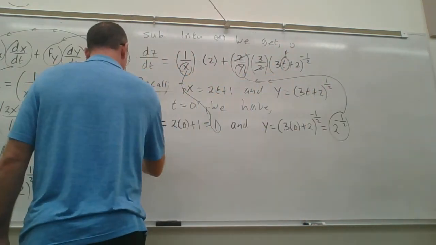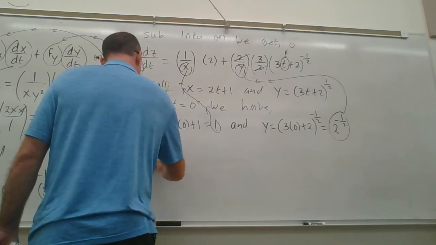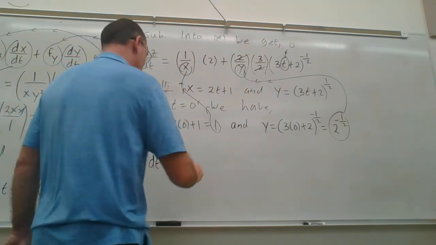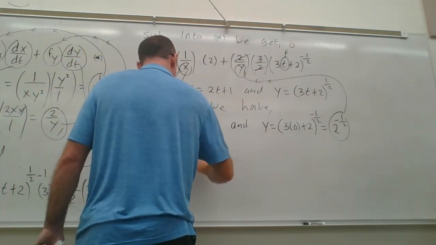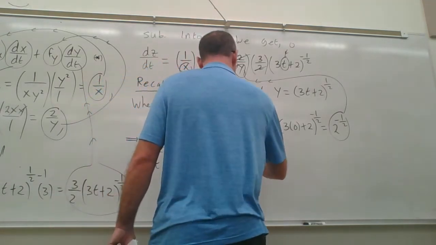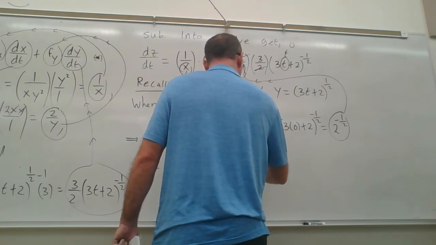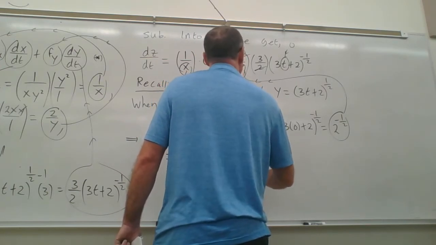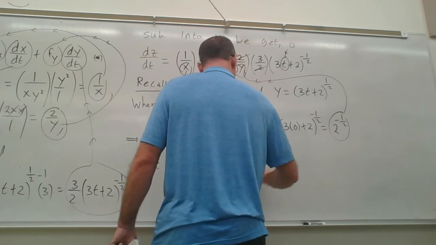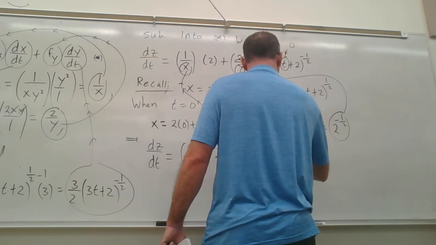So then we'll have dz dt will be 1 over x, so it'll be 1 over 1 times 2 plus 3 over 2 to the minus 1/2 times, putting 0 here, 2 to the minus 1/2.